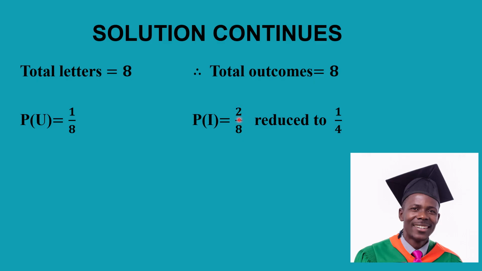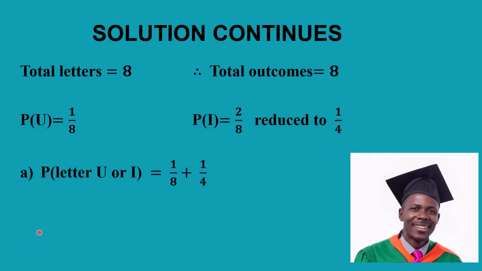I is appearing twice, so the probability of letter I is going to give you 2 out of 8. We can reduce 2 out of 8 to 1 out of 4. Simply 2 into 2 is 1, and 2 into 8 is 4. Correct?